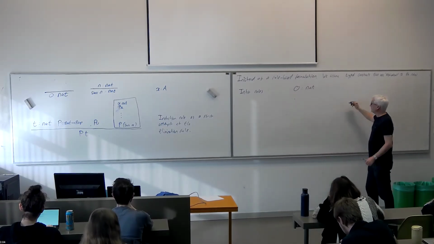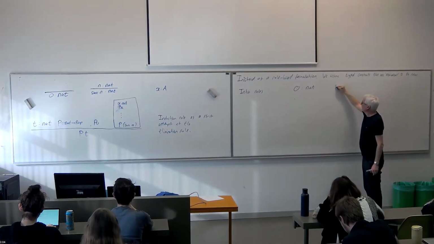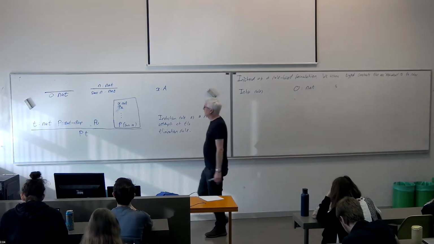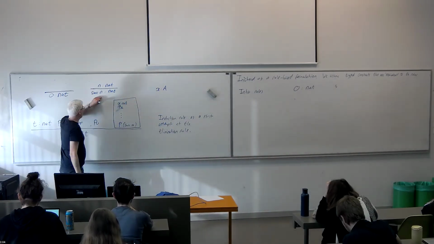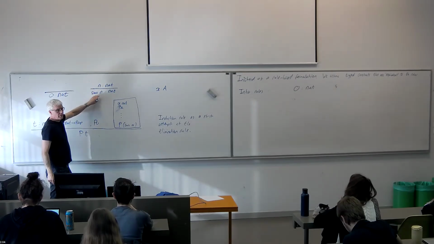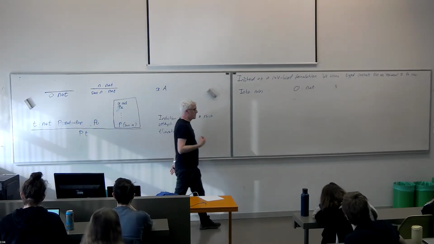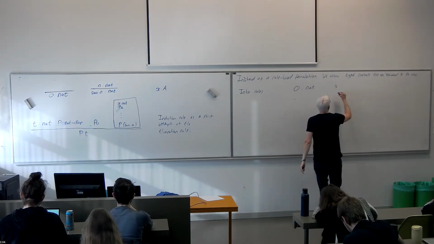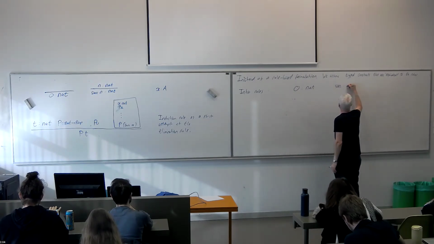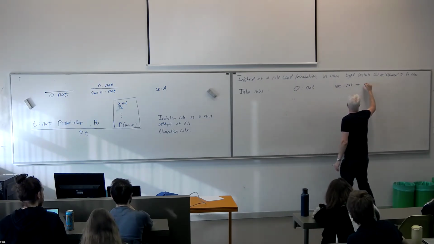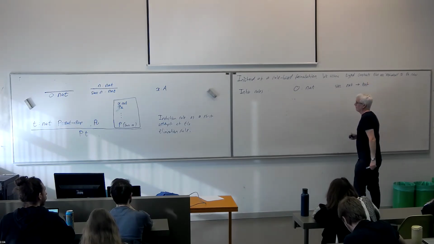And we have successor, which we can apply to any natural number. So it's a function from natural numbers to natural numbers. We just give ourselves a basic constant, suc, a successor of type natural number arrow natural number.